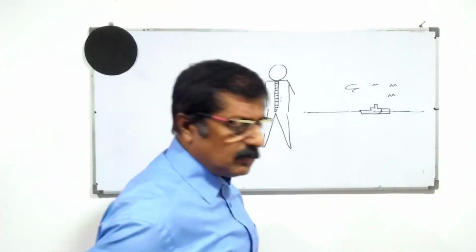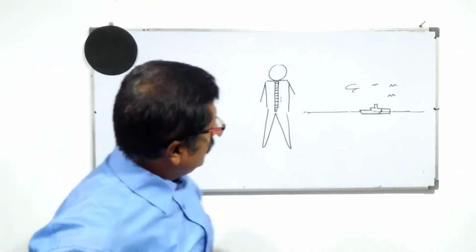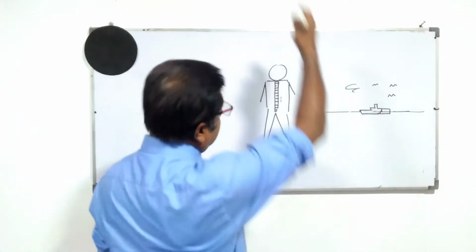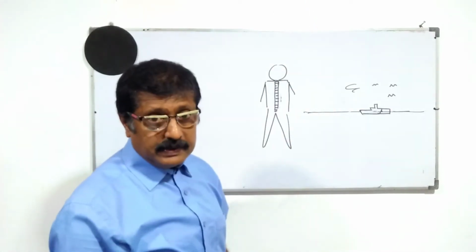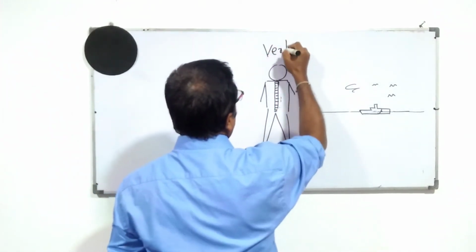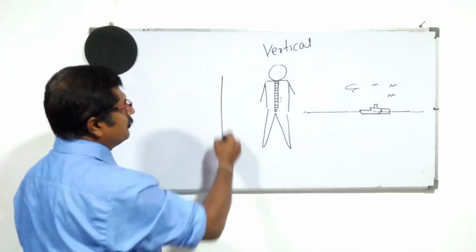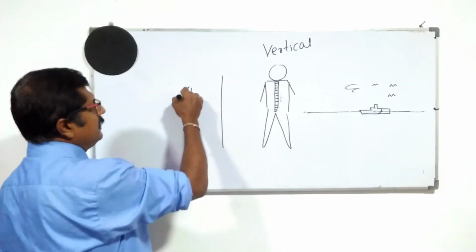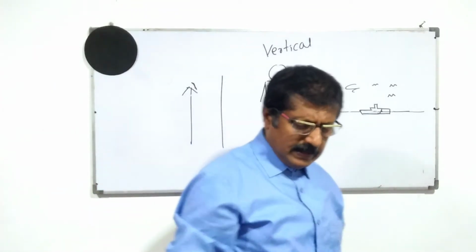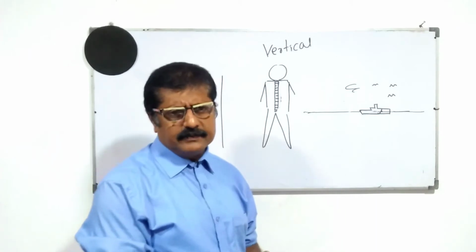So the vertebral column of a man lies in this direction, the up-down direction. That is called the vertical direction. Like a lamp post, a coconut tree, like this. That is called vertical.